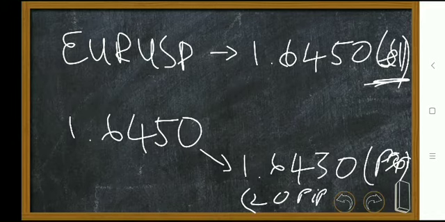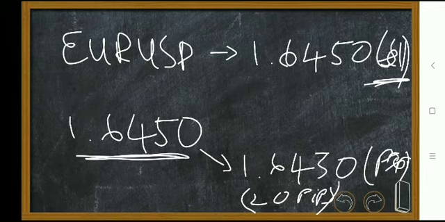I hope you can see the difference, though the numbers are still the same, but due to different orders, the different directions will yield different results. So when you sold and price went down, you will make profit. In the case of a sell, if price goes down, you make profit.